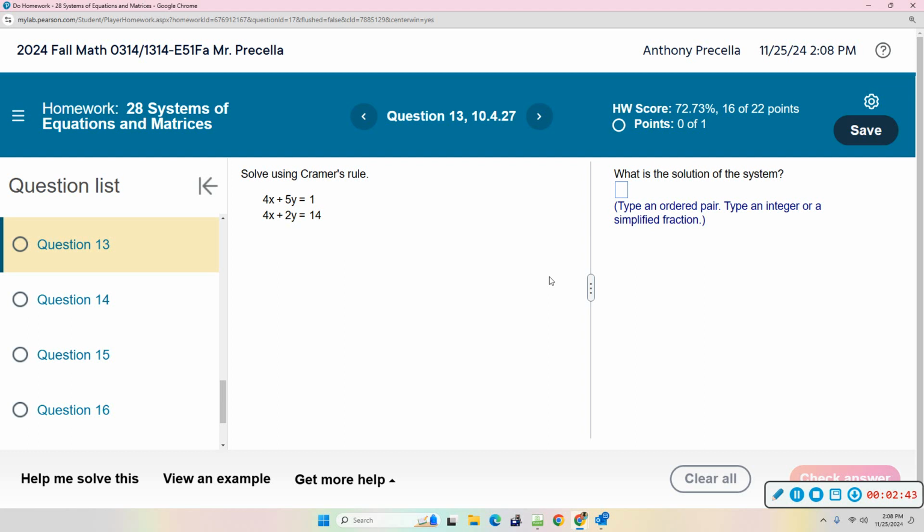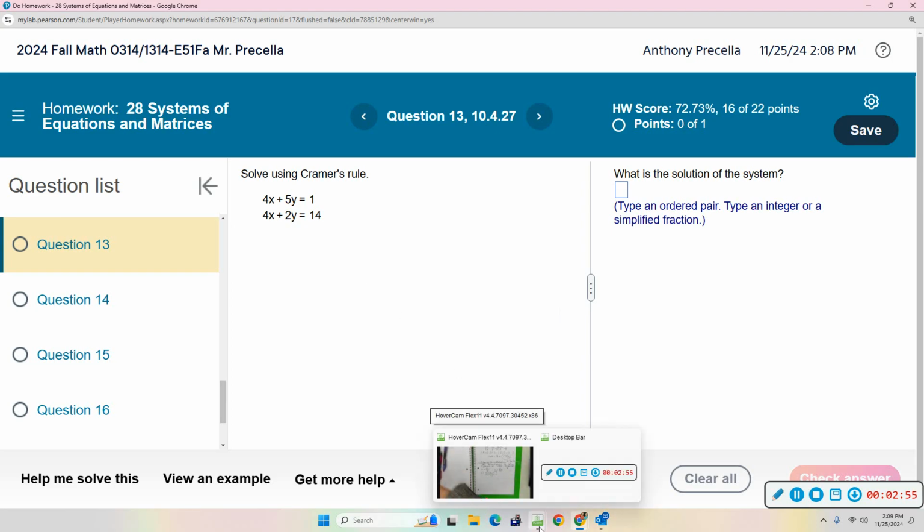We're going to use this problem to illustrate Cramer's rule. Cramer's rule is nice because there's no algebraic manipulation. It all involves calculations involving numbers.